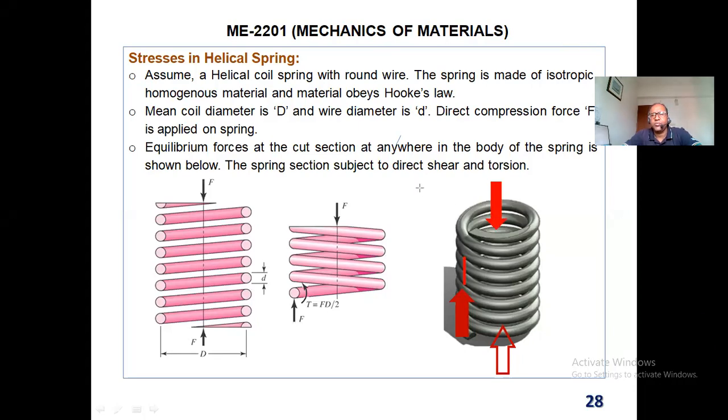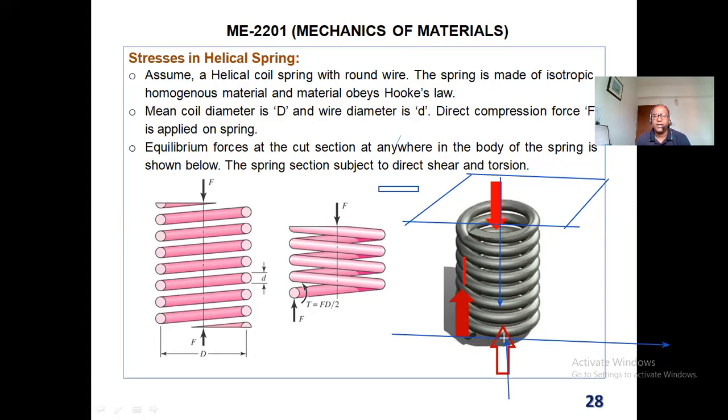Say if you put some flat thing over here and put some force, either you sit down, the load always goes through the center of the spring. Then at the bottom, if you have spring support, the reaction force will also work through the center of the spring.